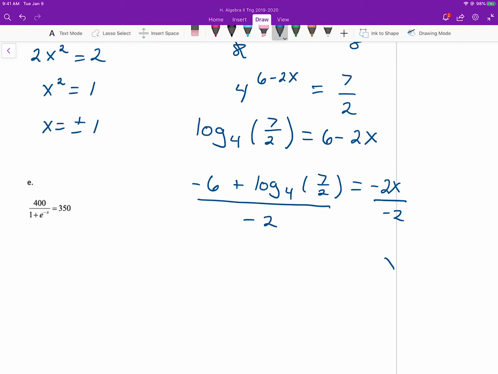And then we'll have x equals, I'm going to put it in parentheses, negative 6 plus log base 4 of 7/2. We could leave it as what I have before, or multiply it times the negative 1/2. They're equivalent. Either one is fine.